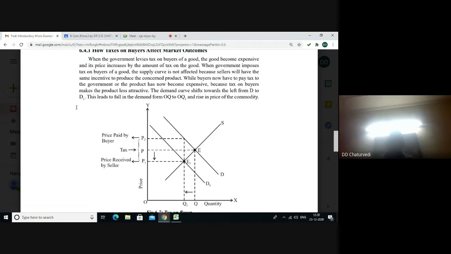So the tax per unit imposed by the government on the buyers is given by P1, P2. And the total tax revenue for the government will be equal to the quantity OQ1 or P1E1 multiplied by P1, P2. So this is given by the area of the rectangle in this diagram.